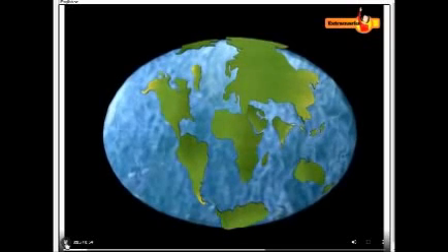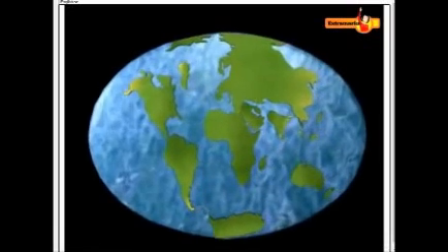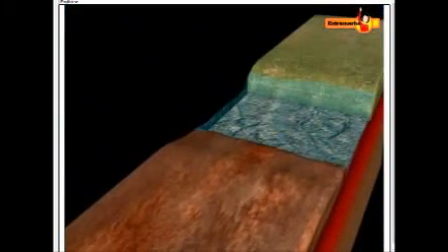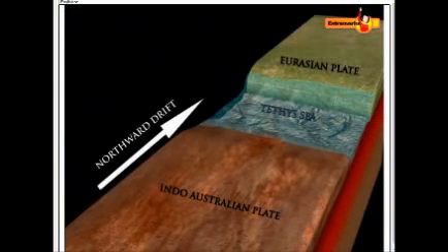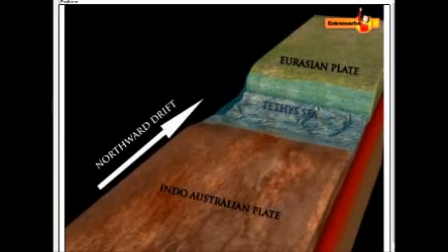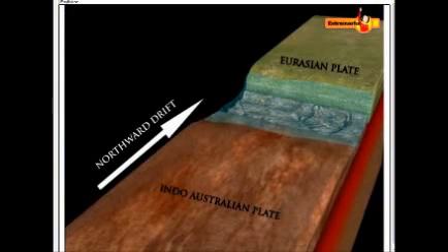The supercontinent Pangaea began to gradually split into different land masses and move apart in different directions. The northward drift resulted in the collision of the Indo-Australian plate with the much larger Eurasian plate.